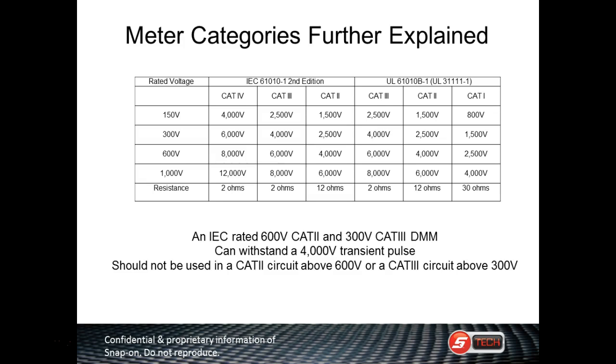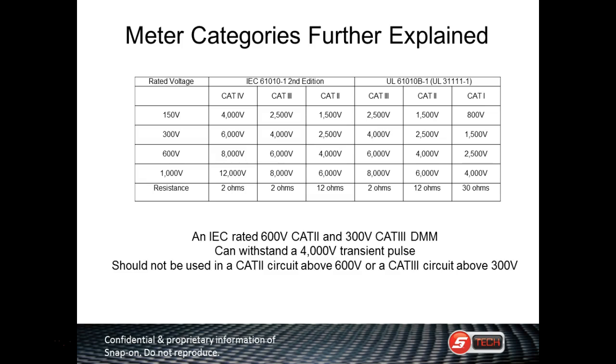Y'all understand that? A Cat 3 meter rated at 150 volts could only handle a surge of 2,500, right? Well, a Cat 3 meter rated at 600 volts, y'all see this? It has nowhere near what a Cat 4 meter rated at 600 volts could handle.